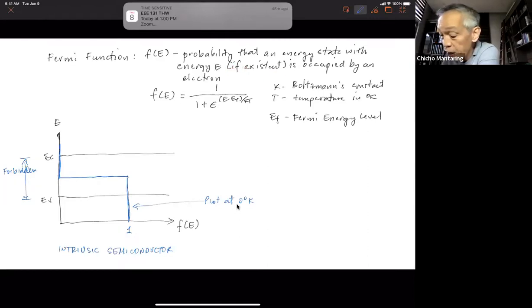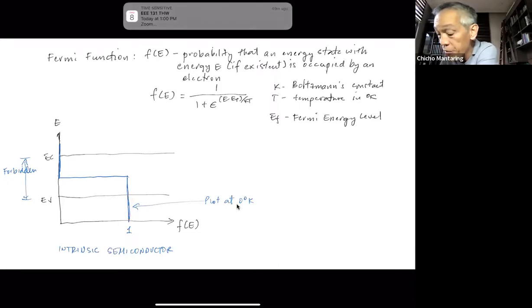There's going to be a value for the Fermi function for energy states from here to here, for example, but actually in reality, there are no existing states there. So we can disregard that. So we're really only talking about here, below EV, and here above EC.